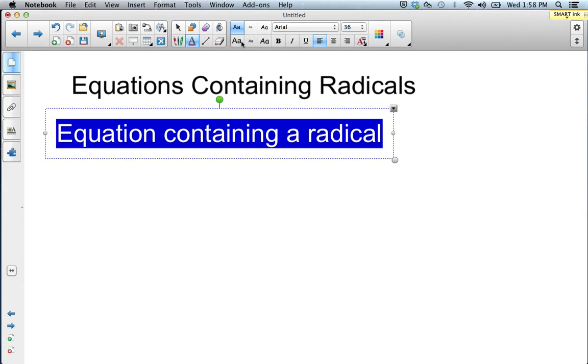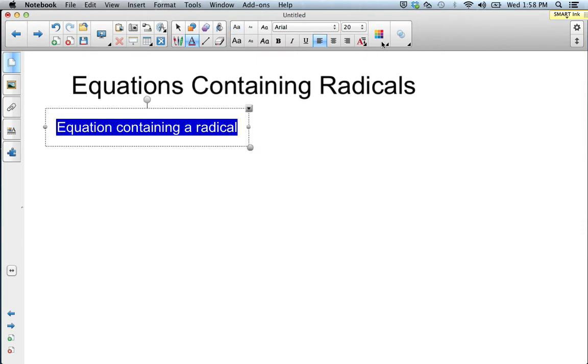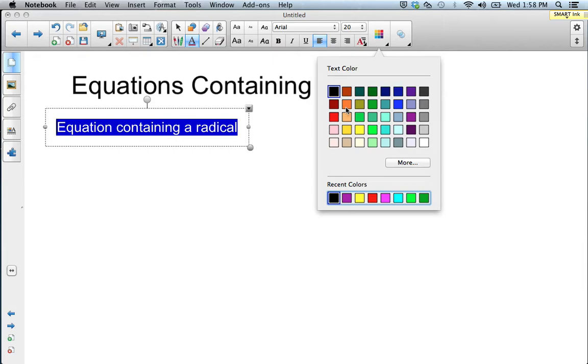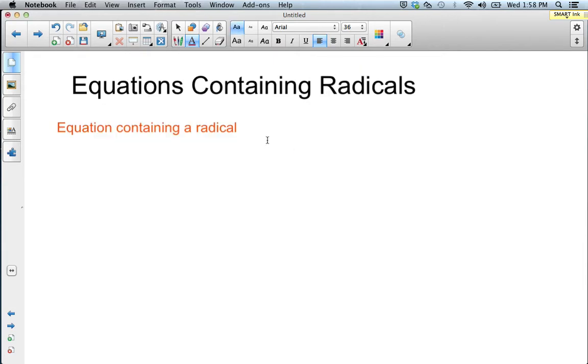So, for example, let me just make this a little smaller here. All right, so an equation containing a radical is any equation that has a radical in it. So, for example, we could have something like this.